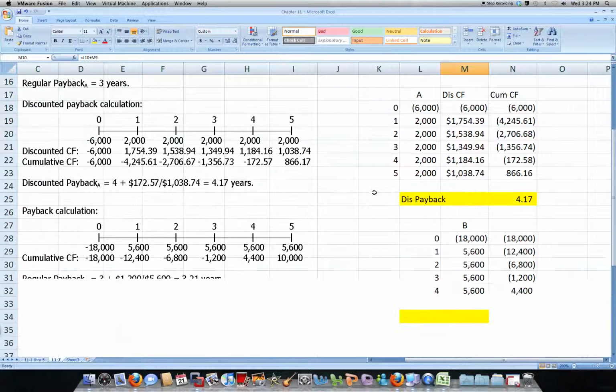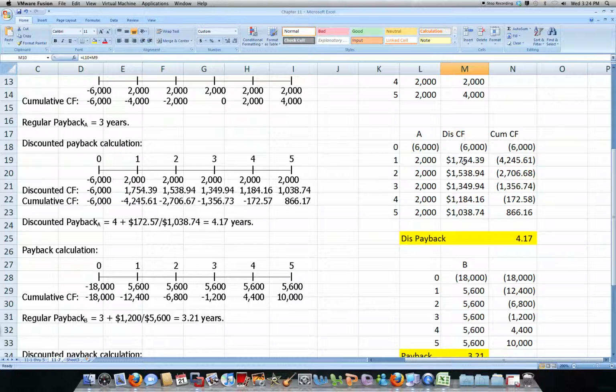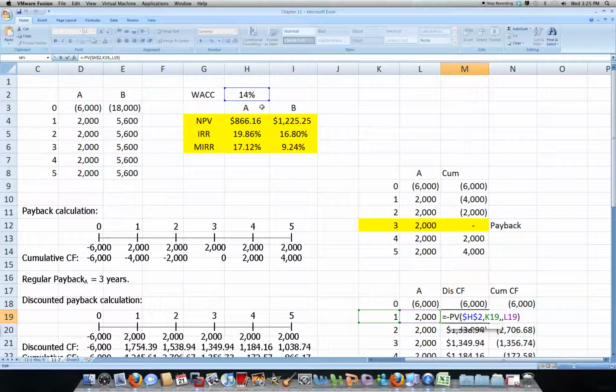Now the discounted payback. I've done it a little different than I did the previous problem. Basically, when we're discounting this $2,000, we're just finding the present value of the $2,000. So our present value, and I put a negative in here to keep them positive. Our present value equals, and here's our rate, which is our weighted average cost of capital, which I have up here.